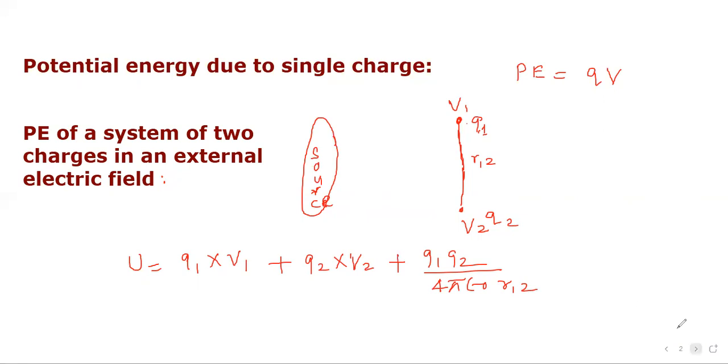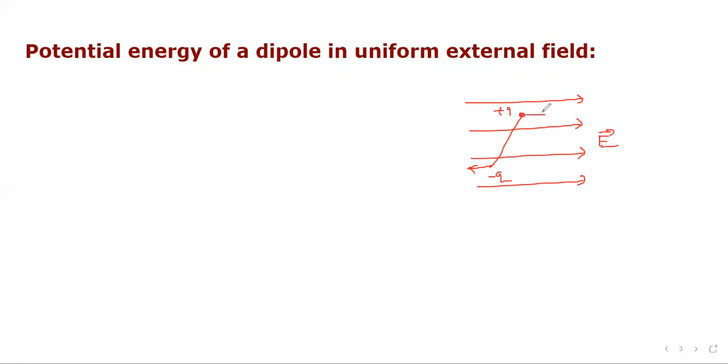Now, let's see potential energy of a dipole in uniform electric field. So suppose this is uniform electric field and a dipole is placed here with the positive charge and negative charge here. Direction of electric field is this. So in this direction, force will be QE, and in this direction, force will be minus QE.